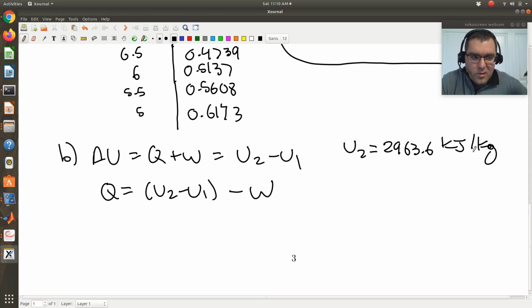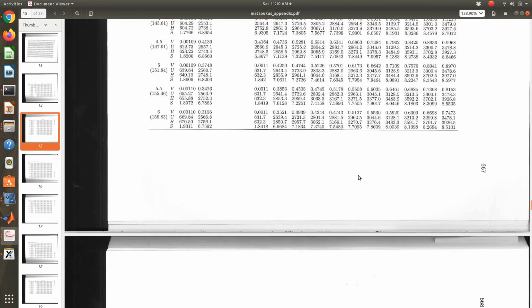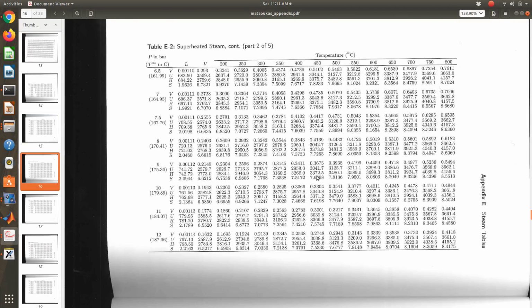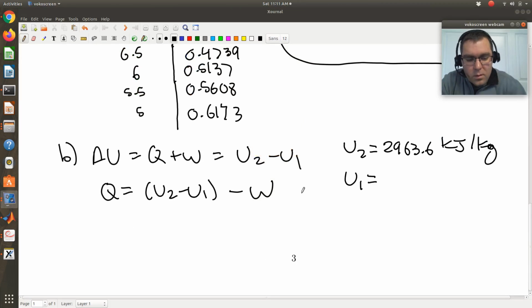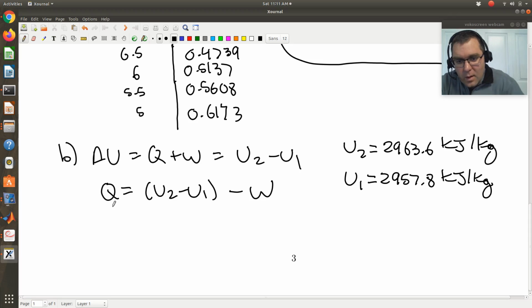Part of the nice reason for leaving W in kilojoules per kilogram is that it's the same units as U, so I won't need to worry about converting anything. Now I'm looking at 400 degrees C and 10 bars. That's down here: 2957.8 kilojoules per kilogram.